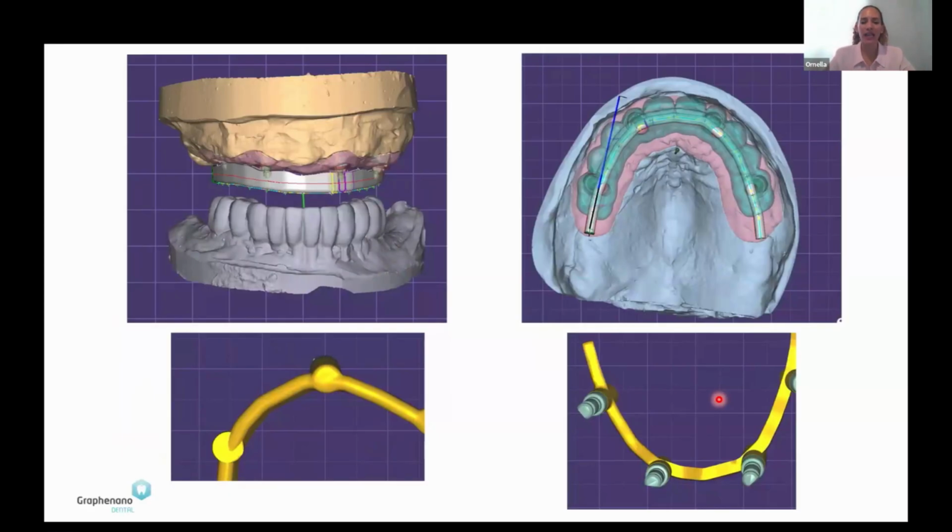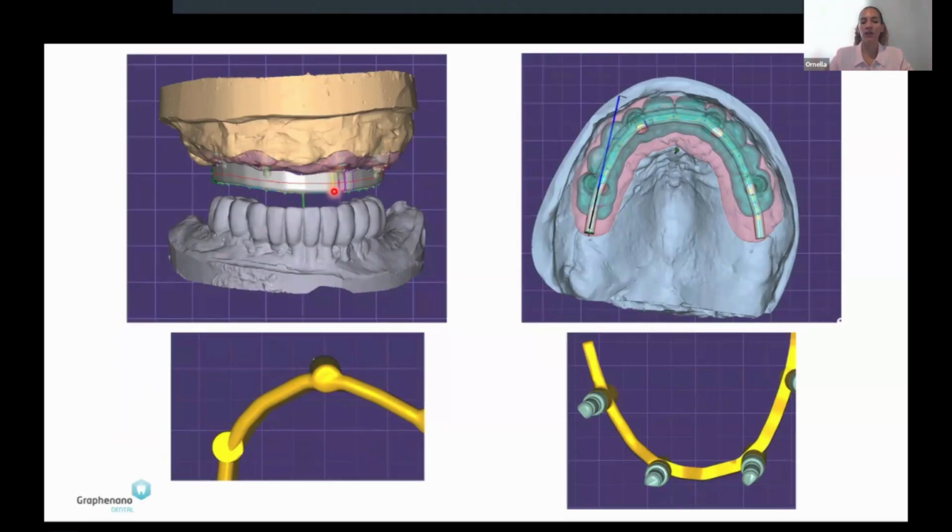The only indications that I'm going to give you are very similar to when we work with abutments. So our bar, the same as the abutment, we need to try to design it covering a minimum of 50% of the height of the graphene restoration, to have enough surface for a correct cementation.